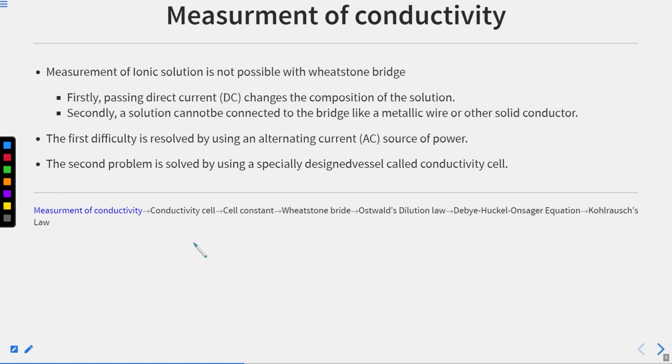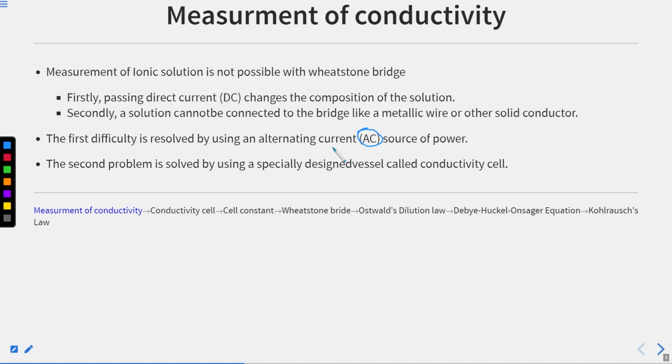To overcome this, the first problem was tackled by using alternating current or oscillating current, that is AC. This is the current which comes in your house. So we have used this current instead of DC current. DC current is basically what comes out from our batteries.